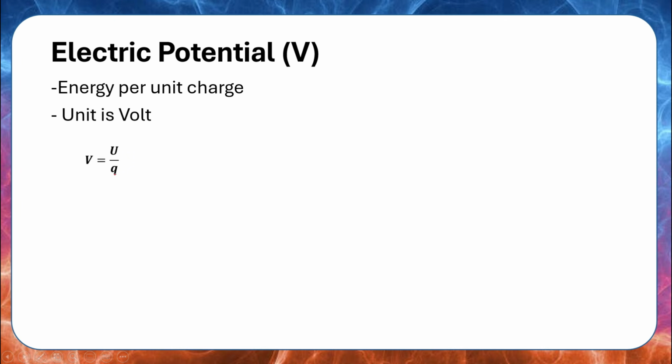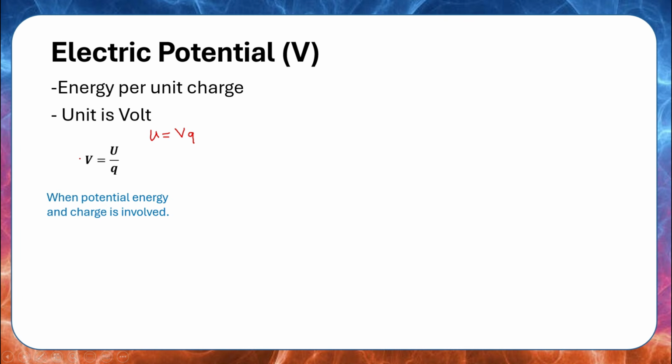And remember this formula, we've already used this a while ago. The U is equal to V times Q, right? The one where we changed the ED into V. So we just manipulate the formula and we come up with V is equal to U over Q. When potential energy and charge are involved, we're going to use this.